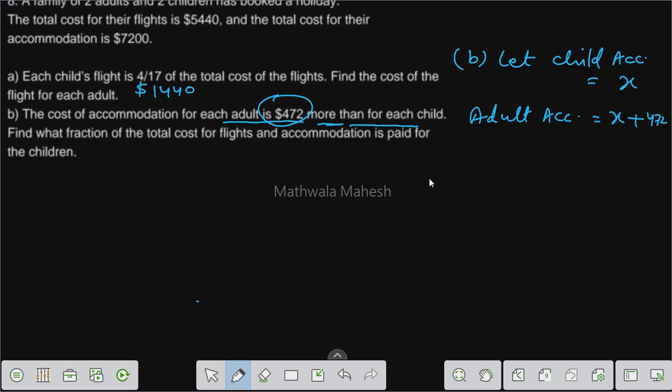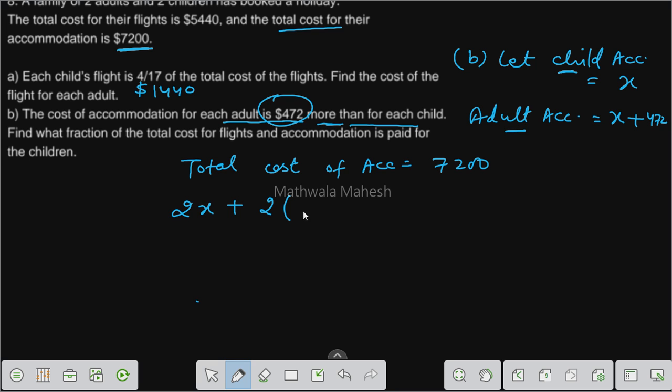Now we know that the total cost for their accommodation is $7,200. Okay, so this is for one child and for one adult. The total cost of accommodation is given as $7,200. Total cost means two children plus two adults.